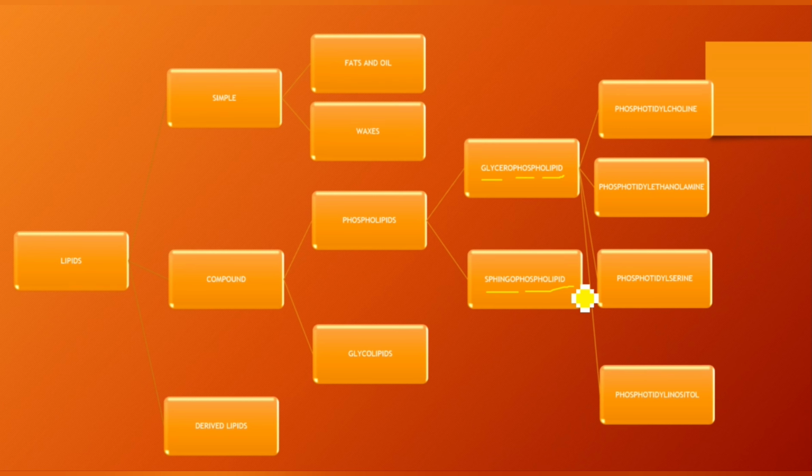So here in sphingophospholipid we have a sphingosine backbone, and in glycerophospholipid we have a glycerol backbone. Further, as we can see here, glycerophospholipids are classified into phosphatidyl choline, phosphatidyl ethanolamine, phosphatidyl serine, and phosphatidyl inositol. We can discuss all these in the upcoming slides.